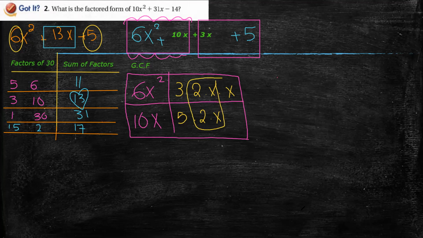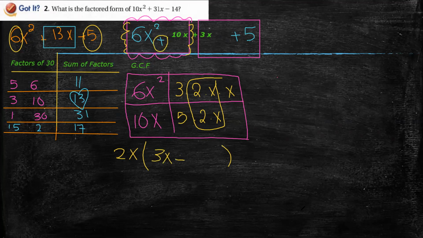Then, instead of writing this, I want to write it as 2x times. Now look at the 6x squared. If we take 2x, what will remain? 3x. Now what is the sign here?